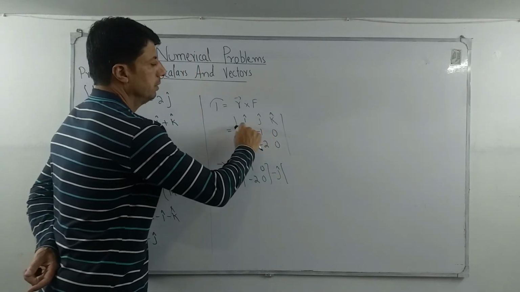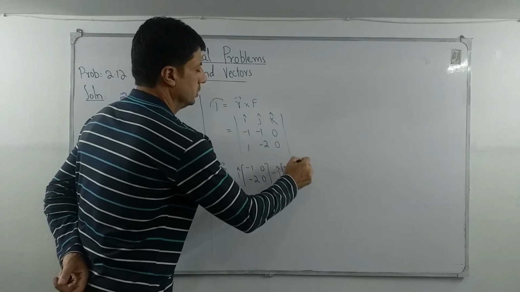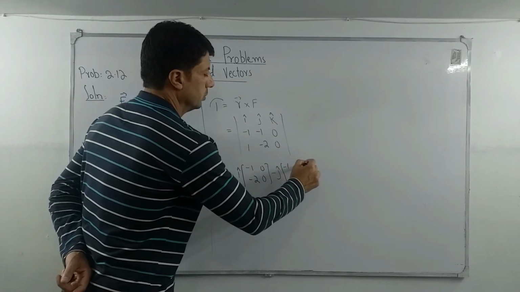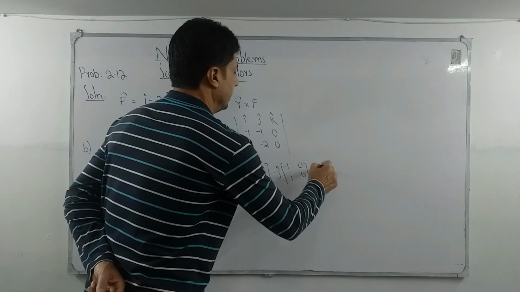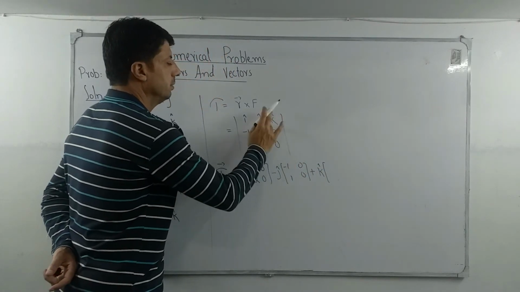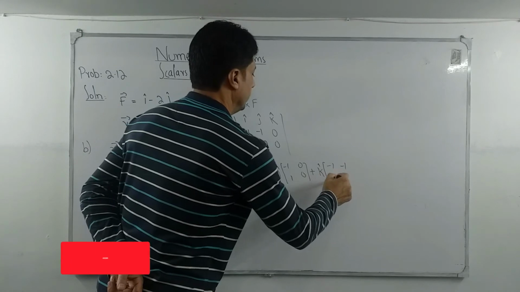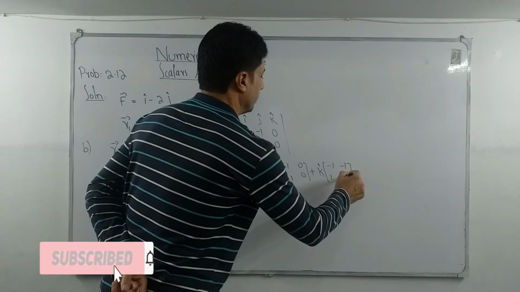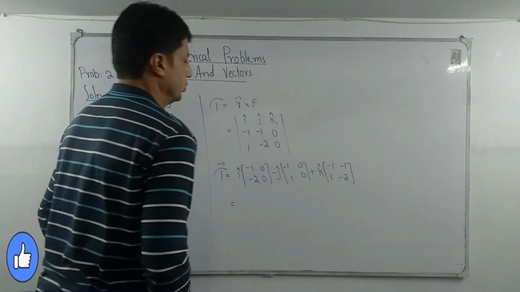Delete this column and this row: minus 1, 0 and 1, 0. And plus k, plus is in the formula here. Delete this column and this row: minus 1, minus 1 and 1, minus 2.